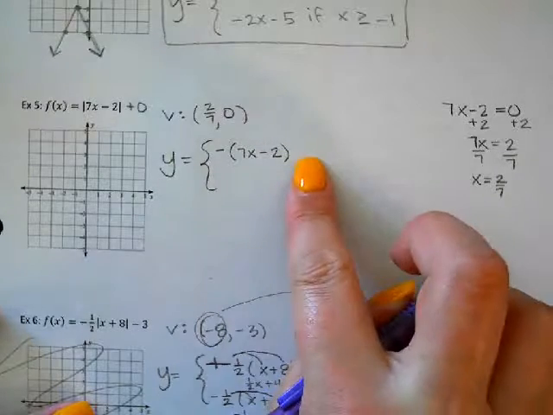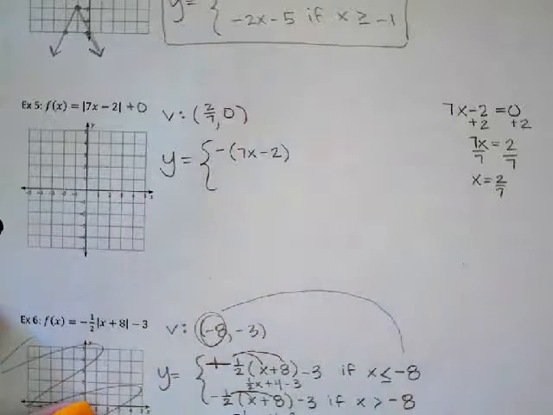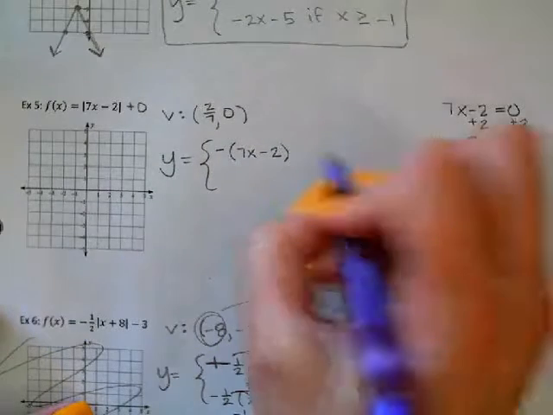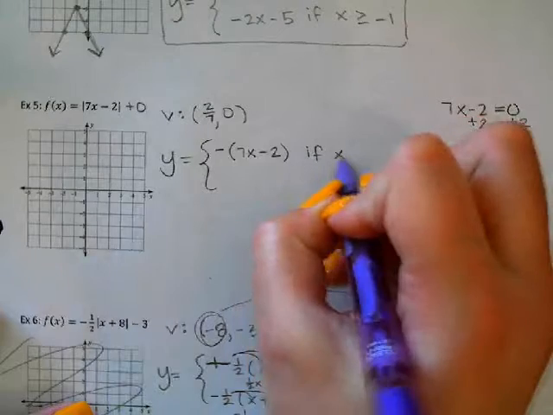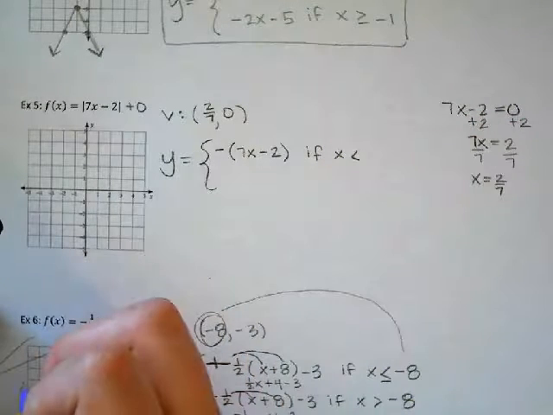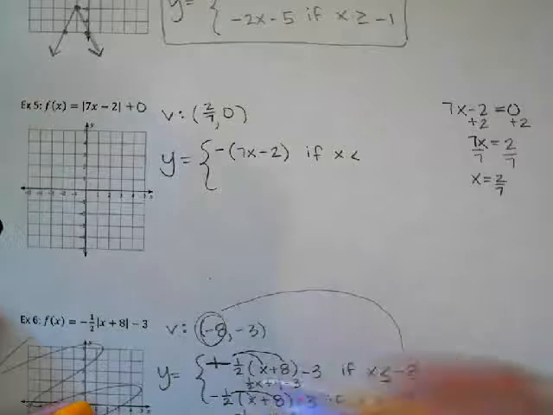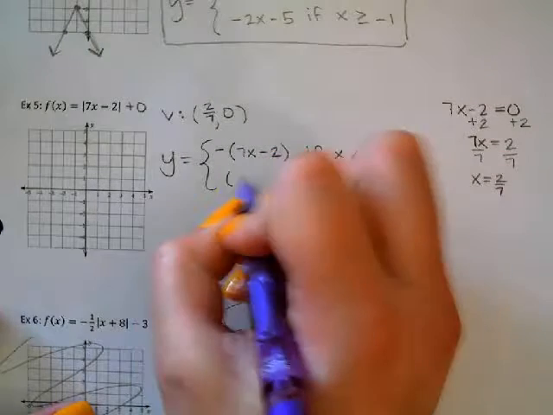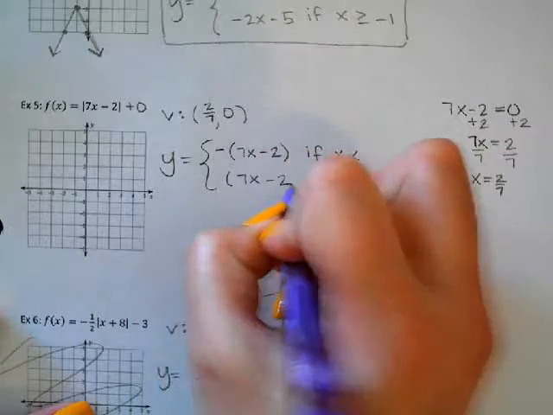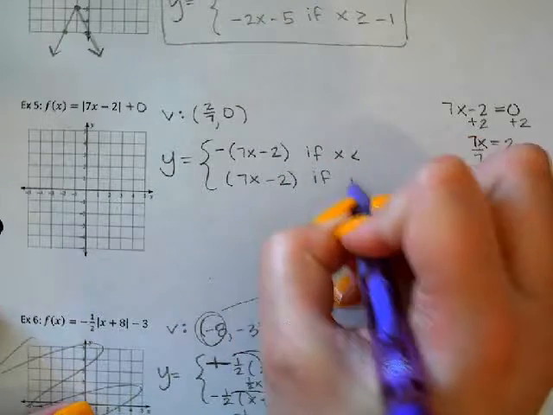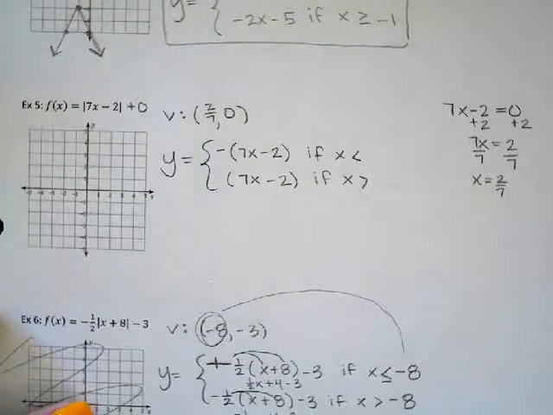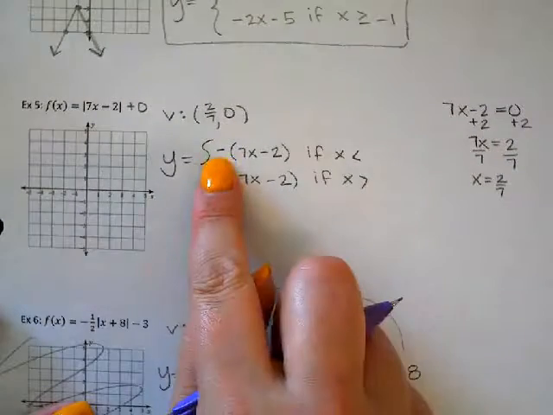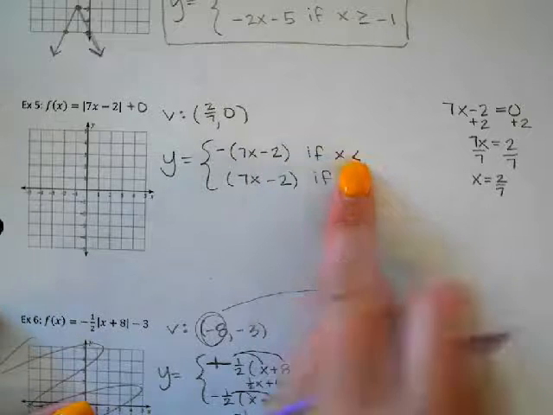You don't really need it, because it's 0, so it's not going to do anything. If x is to the left, okay? And then we're going to have the positive version, which you can put the parentheses or not put them, it doesn't really matter, if x is to the right. Negative version, x is to the left. Positive version, x is to the right.